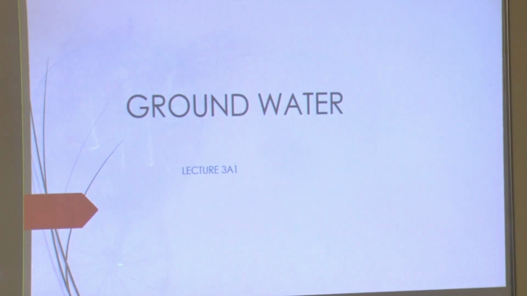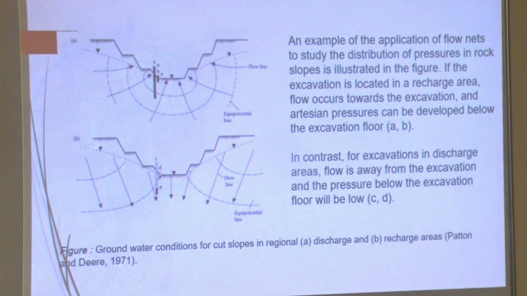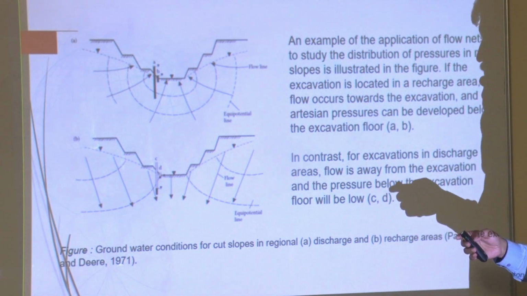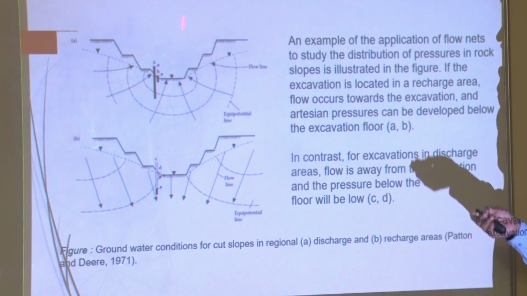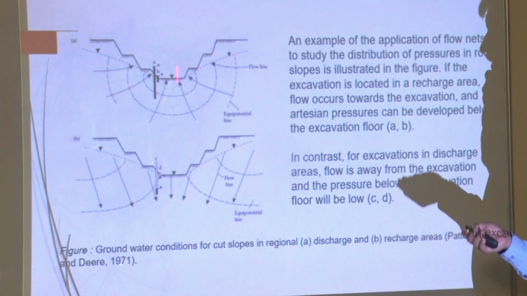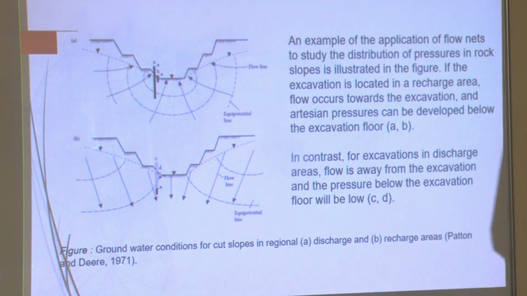How groundwater will actually influence, we will go through very quickly. These are the possible regimes to be considered to analyze the influence of pore pressure in a rock slope. One is, if the zone is like this, where water is basically going down, the flow pattern is this.